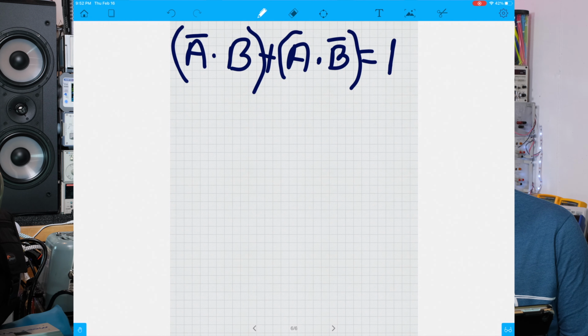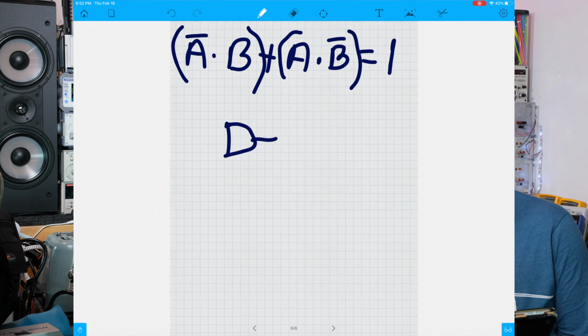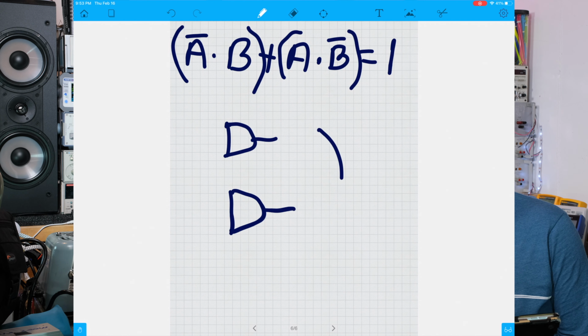Okay, now think about the circuit. What we could do is have an AND. Here's our AND gate, and that's that first equation. Then we have another AND gate down here with the next part of the equation. And they're going to be ORed together because they're two ORs, right? So we have a big old OR gate.